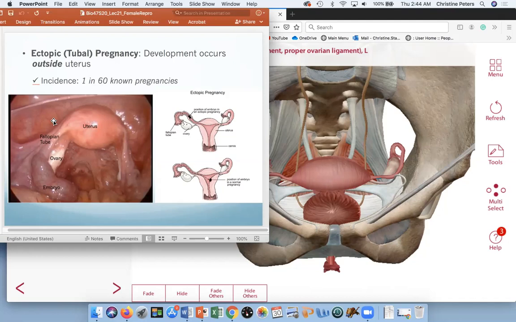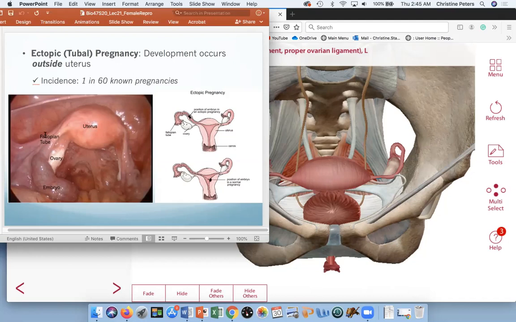But there's really not enough nutrients, and as the little embryos start to develop and increase in size, eventually those little fallopian tubes can't handle the size, and they basically rupture and cause a lot of internal bleeding. So it's really important to make sure if you're pregnant that you go and do a sonogram to make sure that the pregnancy is actually occurring in the uterus and not ectopically in the fallopian tube.